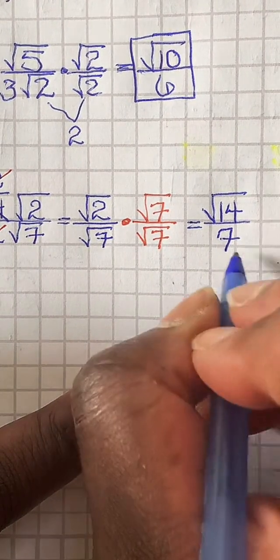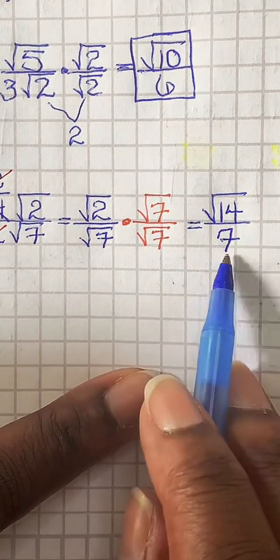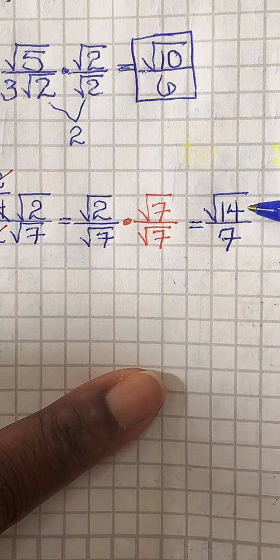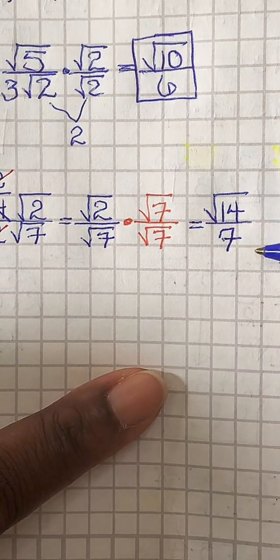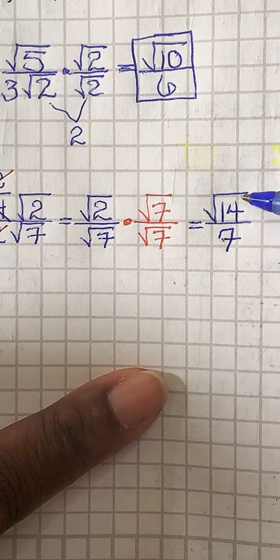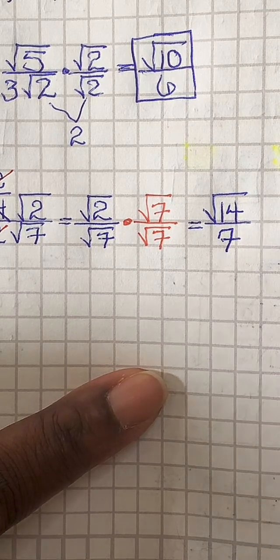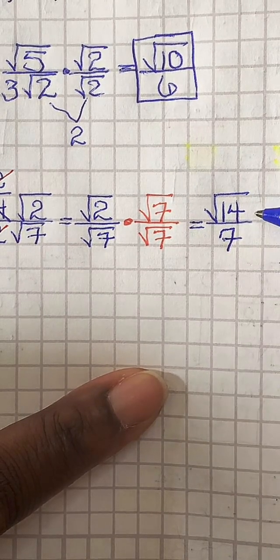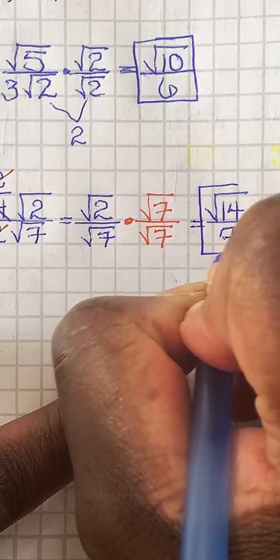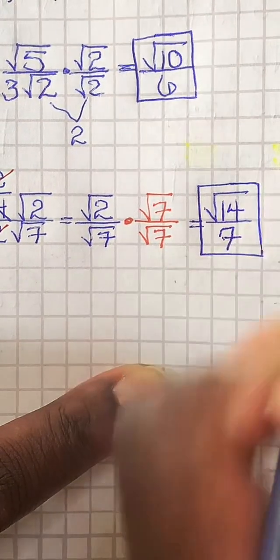Square root of 14 is going to look tempting to divide by that 7, but no. Okay, that square root of 14 is underneath a radical. That 7 is not. Okay, so they don't have anything in common. They're together, but they ain't together. You know what I'm saying? All right, so this is your answer.